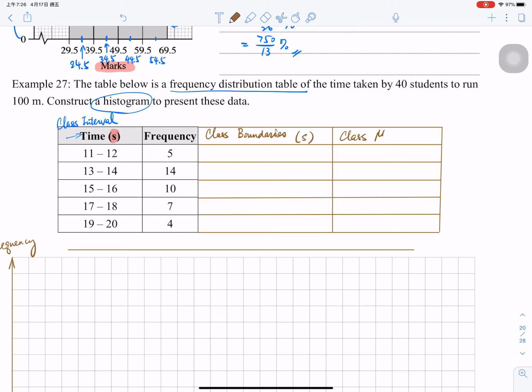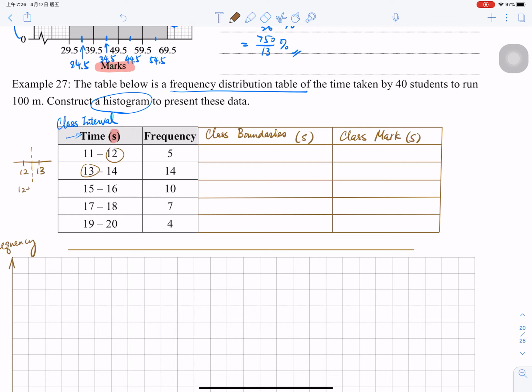And in another column, I'll write down the class mark, also with second as the unit. So what is the class boundary? Here, 12 and 13. We cut it in 2, so half for the first class, half for the second class.